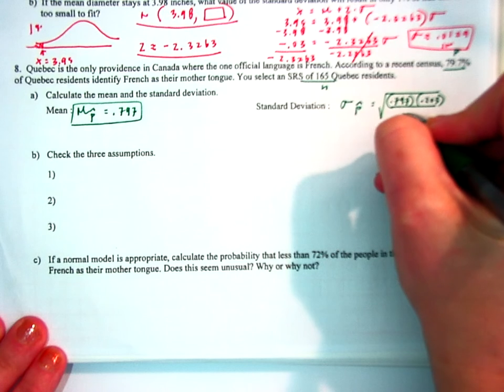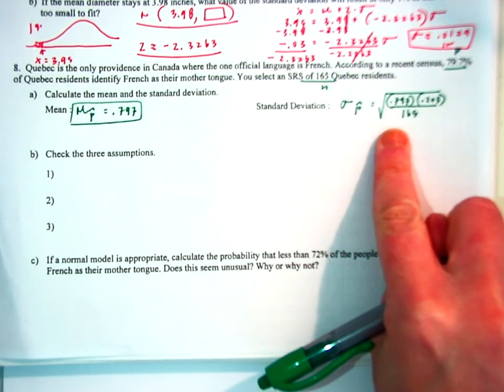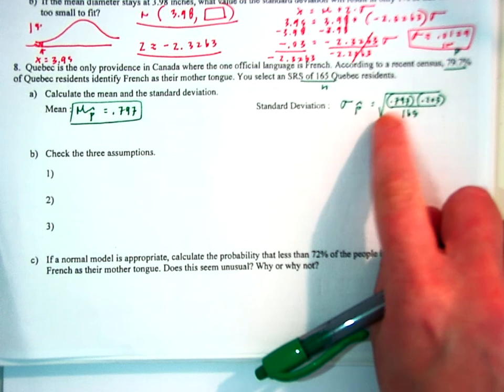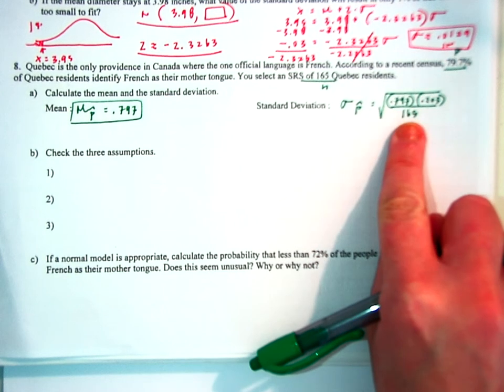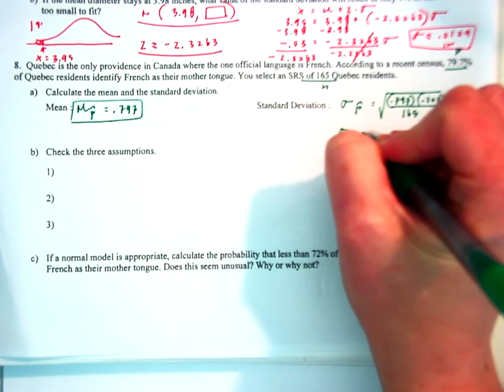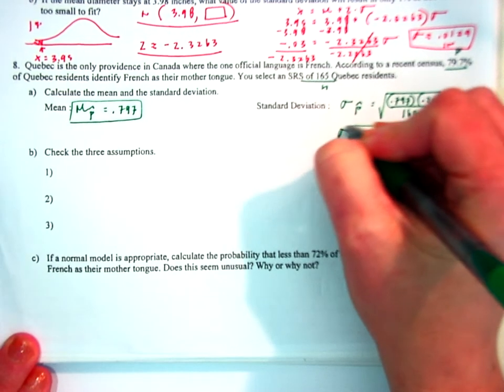Sample size, 165. So here I'm looking at square root PQ over N. So here I'm going to get about 0.0313 for my standard deviation.